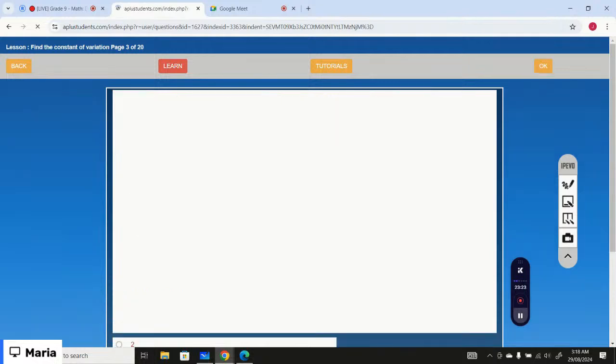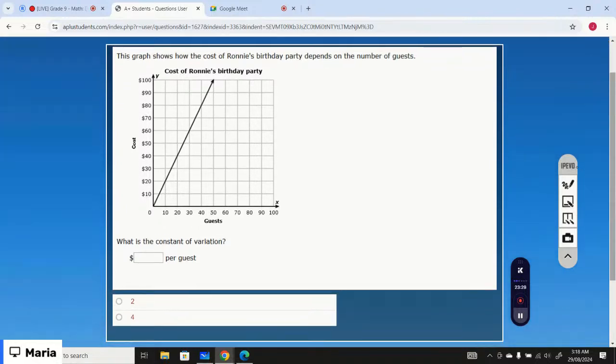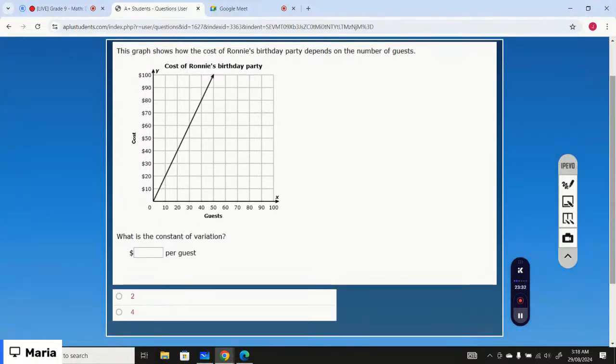Yes, option number 2 is the correct option. The 0.6 it is. The graph shows how the cost of Rooney's birthday party depends on the number of guests. What is the constant of variation? So which is the correct option?